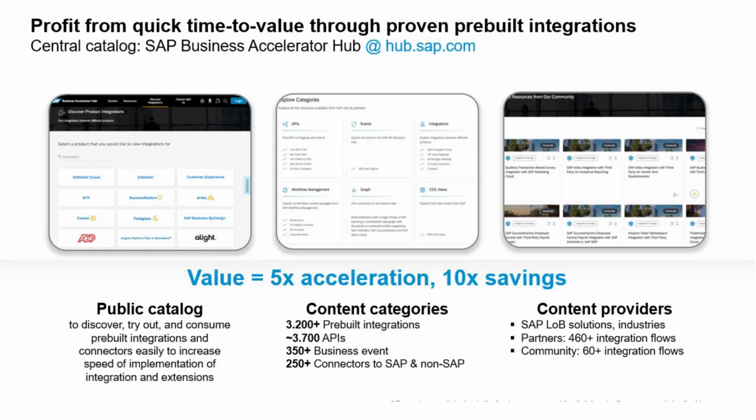You can find these different adapters, connectors, integration packages, and APIs from a one-stop publicly available website called the SAP Business Accelerator Hub, which is conveniently located at hub.sap.com.